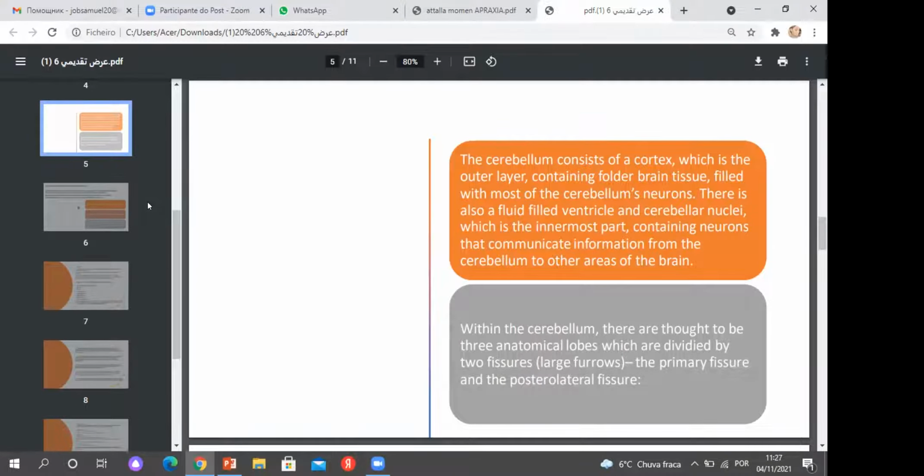Within the cerebellum, there are thought to be three anatomical lobes which are divided by two fissures: the primary fissure and the posterolateral fissure.